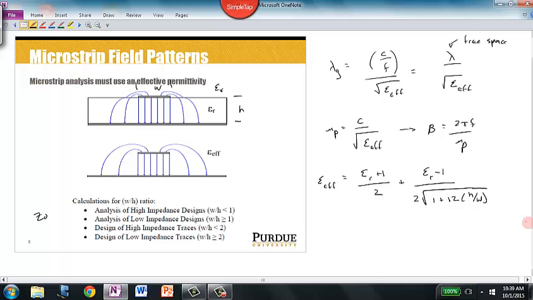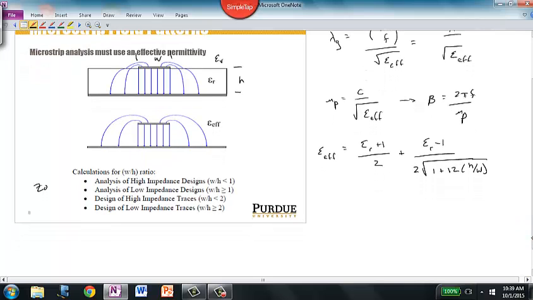There's one last important thing that we need to know before we get into the calculations of characteristic impedance of microstrip transmission lines, and that is that the microstrip transmission line itself has a maximum operating frequency, and this is limited by loss and a couple other factors.